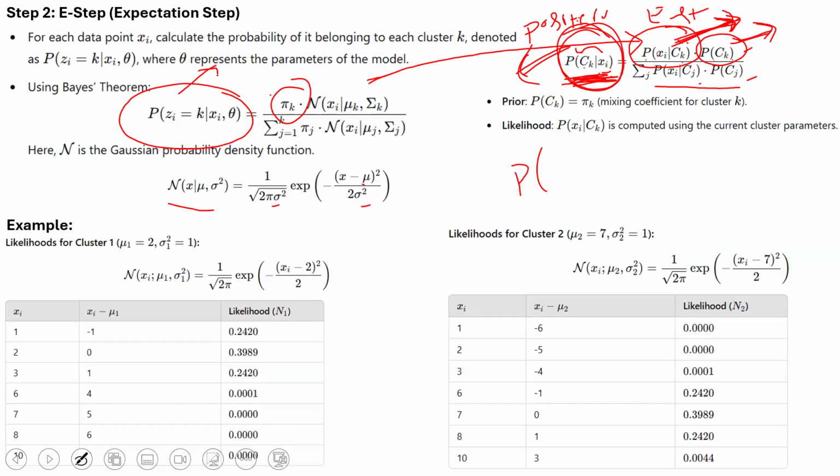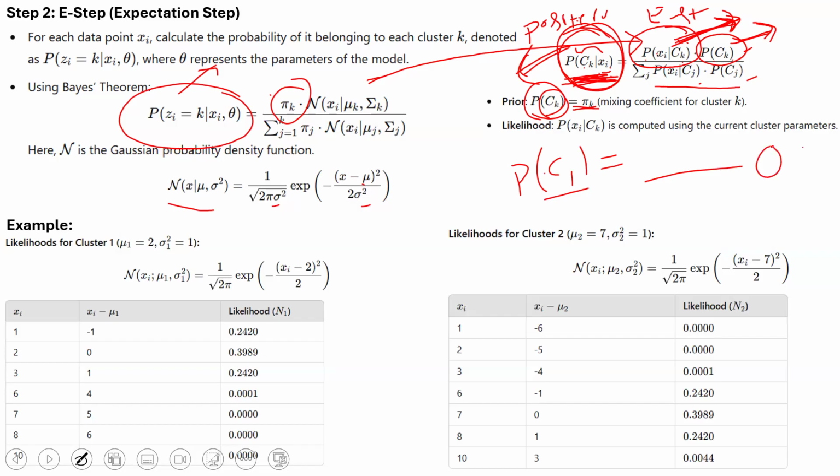This is what Bayes theorem is. Now, the prior probability is nothing but the mixing coefficient. That means the probability of cluster C1 is the number of points in cluster C1 divided by the total number of points.